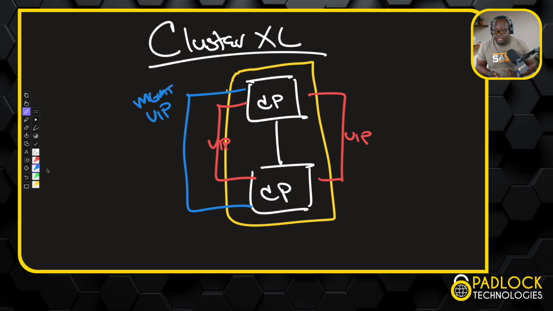Now, what makes this so confusing is Checkpoint used to not have a concept of management traffic separation like every other firewall. FTDs have a separate management interface. Palo has a separate management interface. Fortinet has a management interface, so I'll put that in there. ASA has a separate management interface.